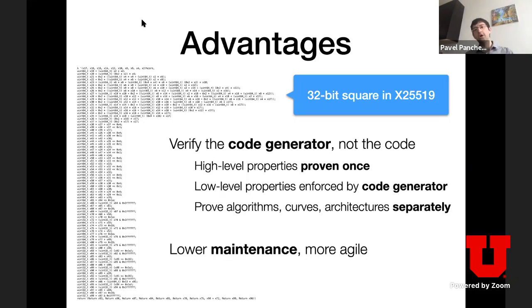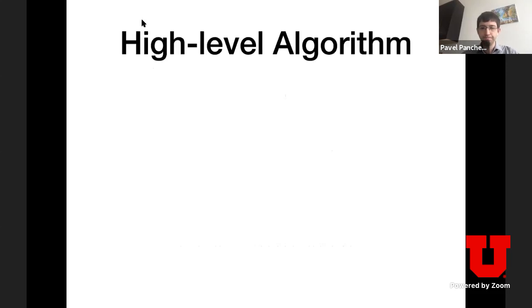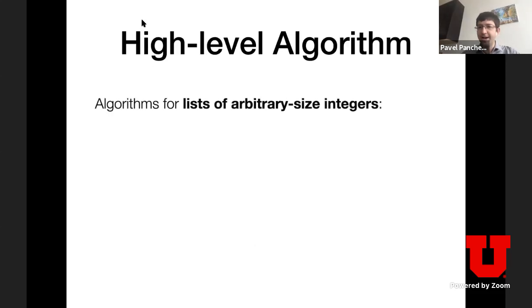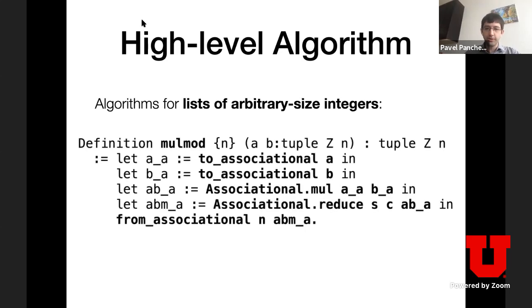So let's take a look at some of the key pieces that enable this to work. First, let's look at this high level algorithm. In particular, let's look at the algorithm for multiplying two integers, modulus a prime. That algorithm looks something like this. Here, this is again Coq code, so it's a little different from Lean that you've seen, but it's quite similar.